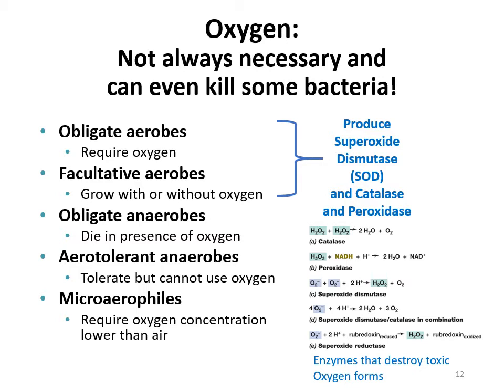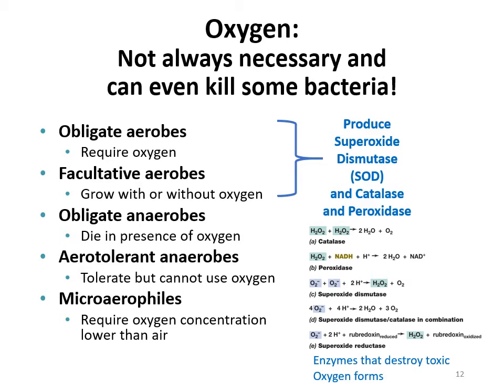If, however, a bacteria cannot produce that, does not have that, it is called an obligate anaerobe, meaning it requires a lack of oxygen. If it encounters oxygen in the atmosphere, what will happen? It'll die.